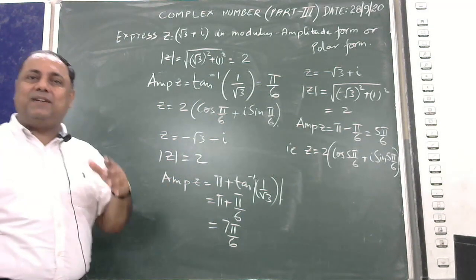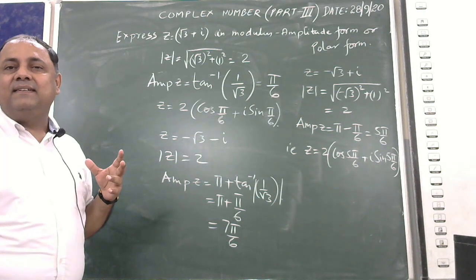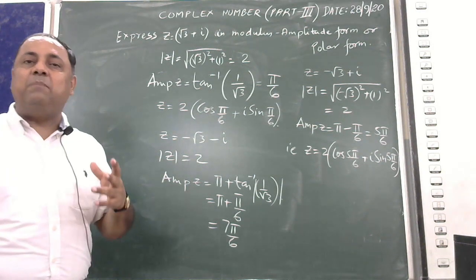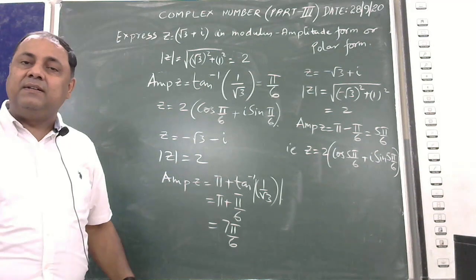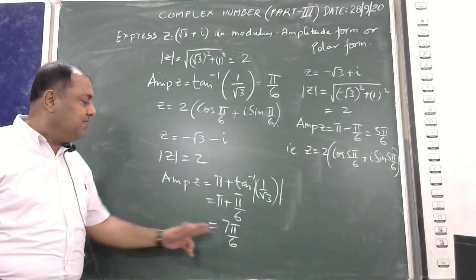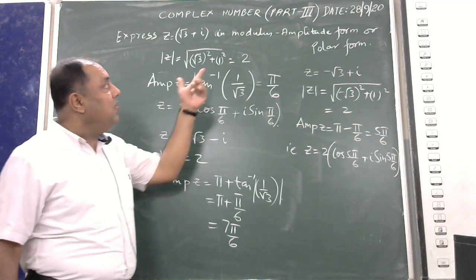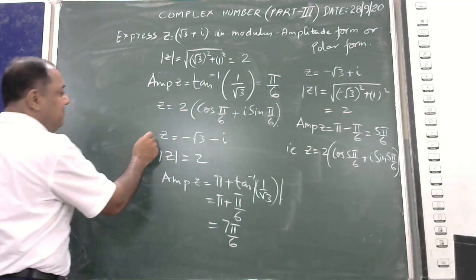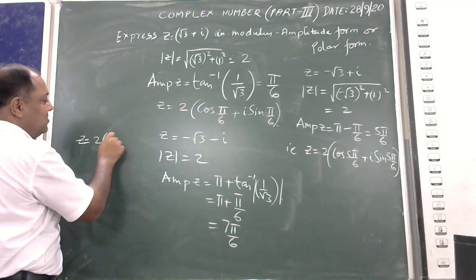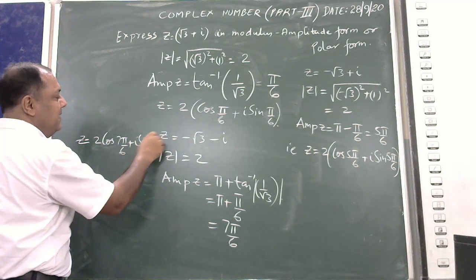Just see the technique you have learned. Locate the quadrant in which the complex number is lying. I have found that in many textbooks, determining the amplitude becomes a bit confusing. Do not confuse yourself. Use the simple technique, pi plus. So this number in polar form, or modulus amplitude form, is z is equal to 2 cos 7 pi by 6 plus i sin 7 pi by 6.